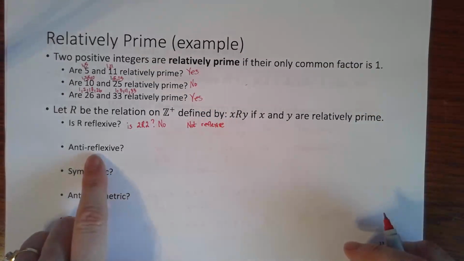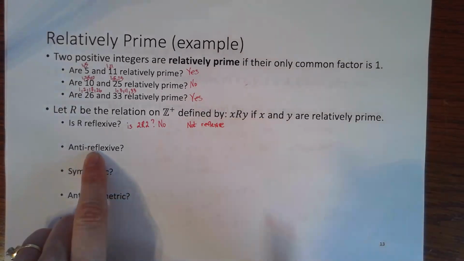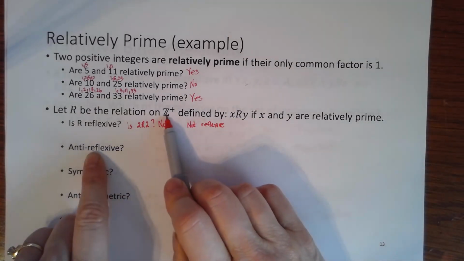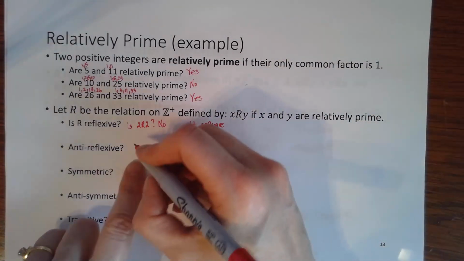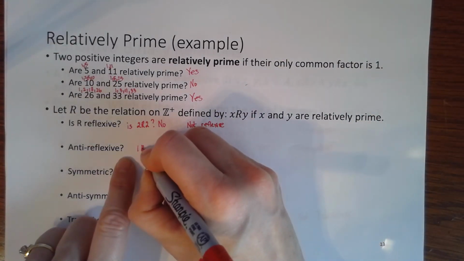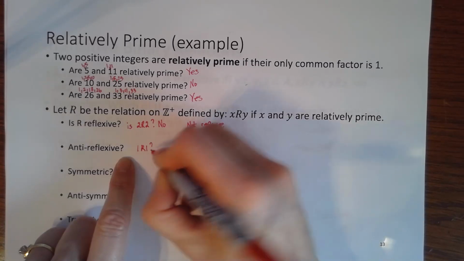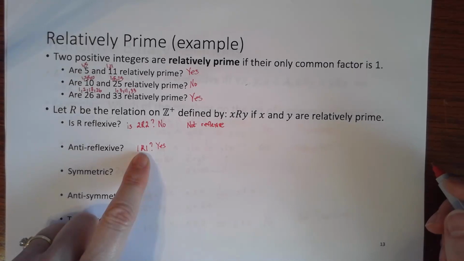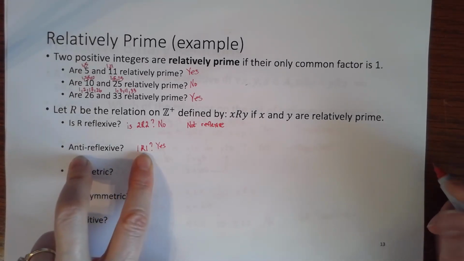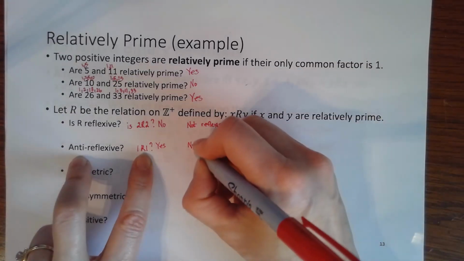Is it anti-reflexive? Is it true that I will never be able to find any positive integer that is related to itself? Well, 1 is related to 1. Yes, the only common factor between 1 and 1 is 1. So 1 is related to itself, which means it's not anti-reflexive.